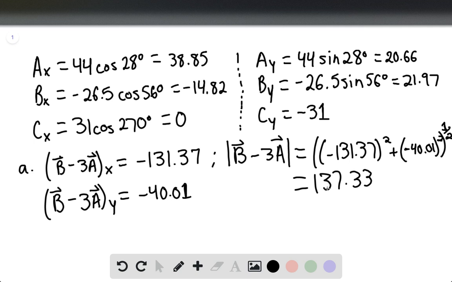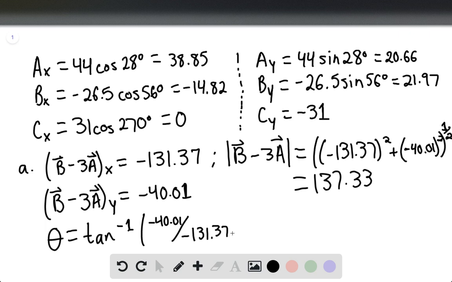And then for the angle, we're going to say theta equals arctan of the y component divided by the x component. So this would be arctan of negative 40.01 divided by negative 131.37.